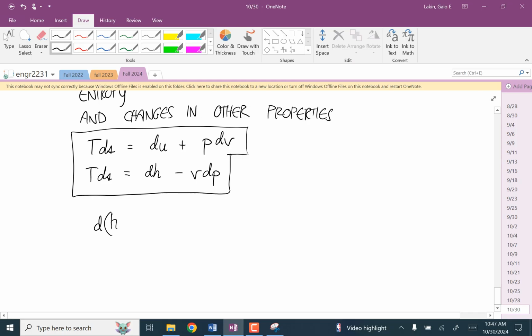I do not think that there's any kind of intuition really to have about what that means. This change in enthalpy really would be dU plus d(PV), and then you'd have to use the product rule. So this is equal to dU plus VdP plus PdV. So that would be like a change in enthalpy.